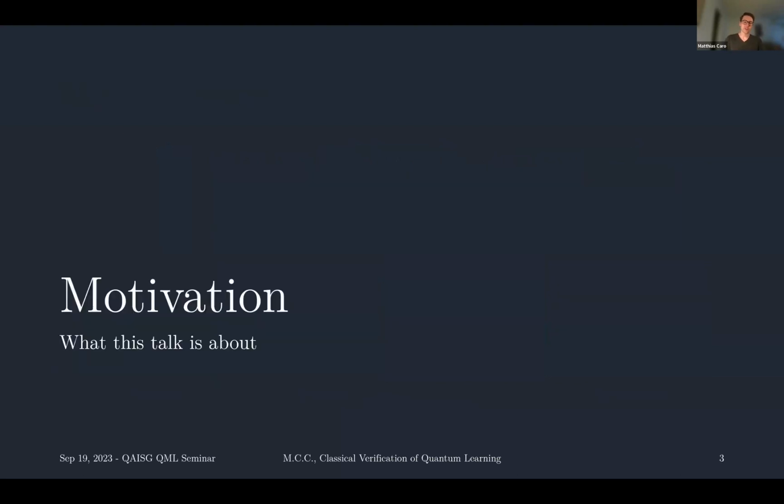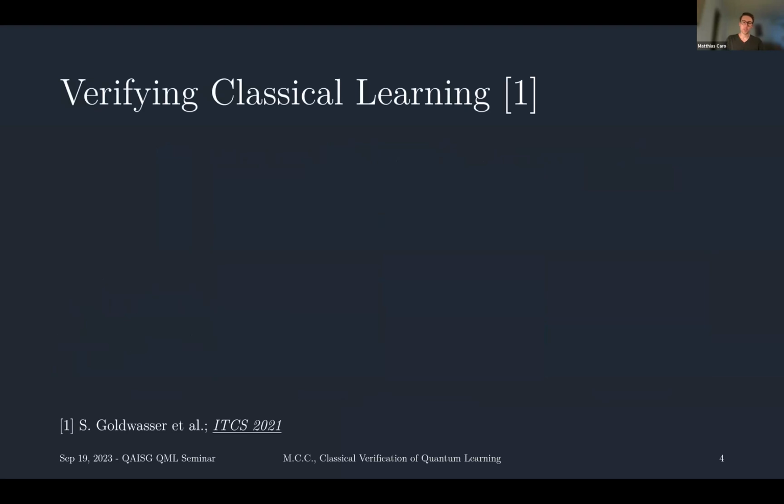What am I going to tell you about today? So the motivation comes from a classical paper that has fascinated me by Shafi Goldwasser's group about verifying classical machine learning. So here, the motivation is roughly as follows. This is me. I have a laptop and I have access to the internet. And my laptop is not that powerful.